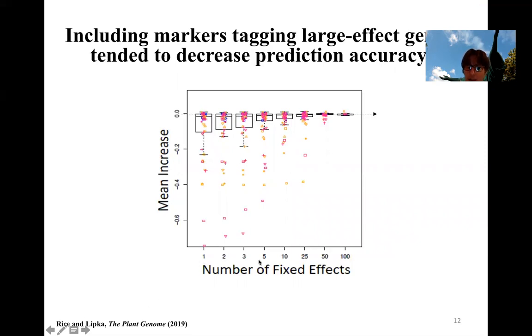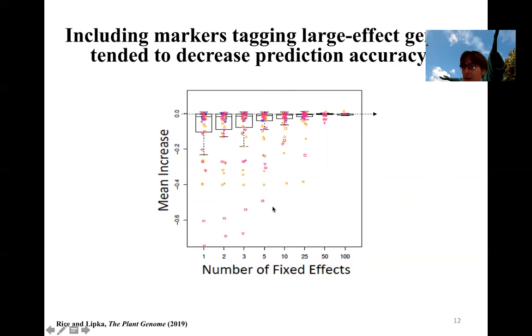Our x-axis depicts the number of fixed effects, the number of additional X variables included in our model. And the y-axis depicts our increase in prediction accuracy over the traditional model. So we see that this dotted line over here is at a y-coordinate of 0. Most of the dots are at or below 0.